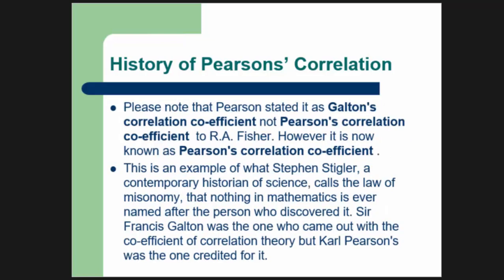Fisher came up with the correct formulation. So who discovered it? It was Sir Francis Galton. Who popularized it? It was Karl Pearson. Who corrected the whole formula? It was Fisher. Okay, but now it is known as the Pearson correlation coefficient.